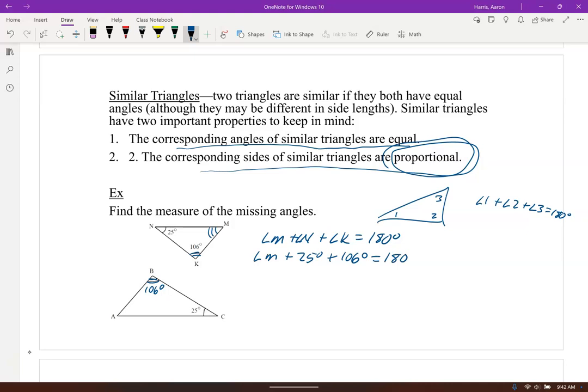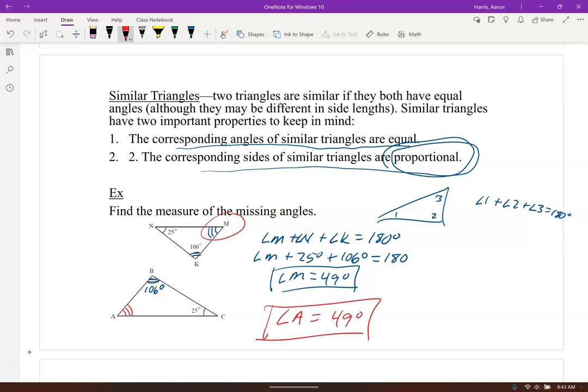So 25 plus 106 is 131, and 180 minus 131 leaves angle M as 49 degrees. That's the remaining one. Well, if angle M is 49, the third one that's missing here would be angle A. So angle A is also 49 degrees.